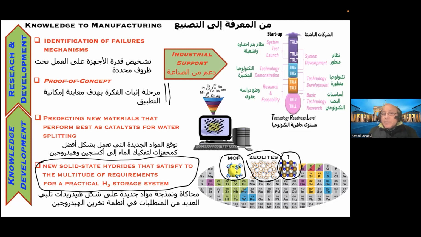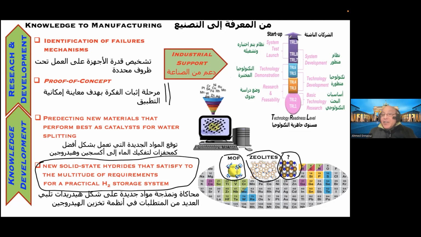After the proof of concept, you have to contact some industrial partner, if you know that you are far with your material, to help you with funding and also for testing, in order to go further until technology readiness level 9.